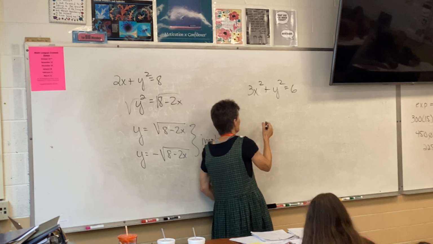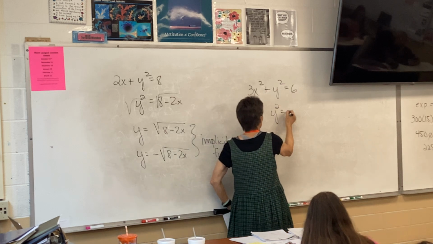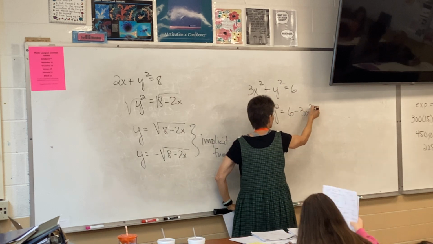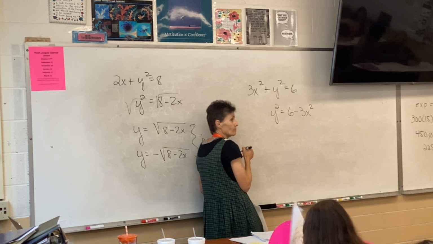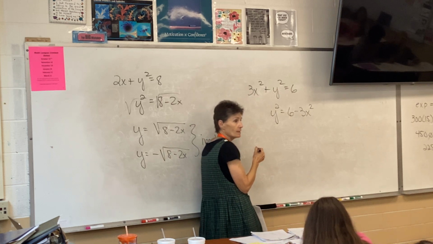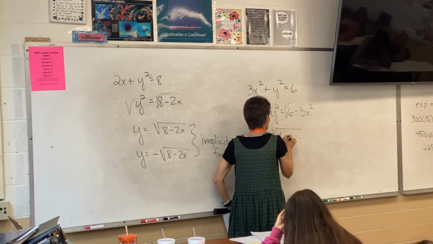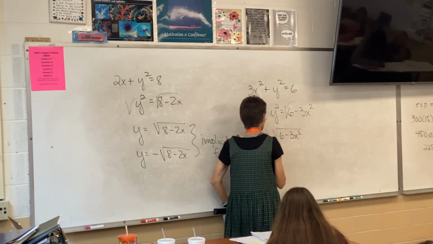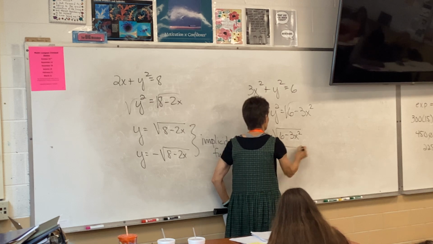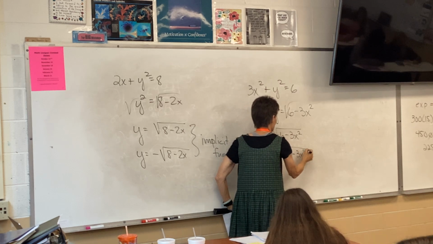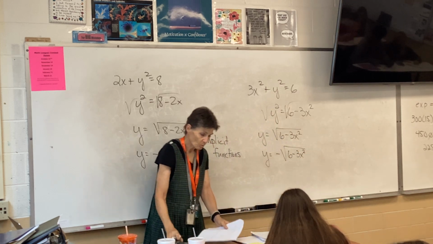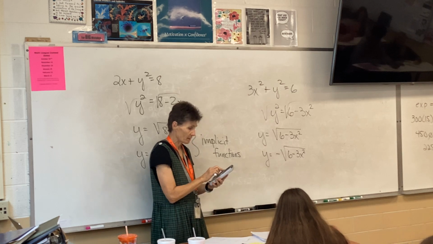We're going to subtract 3x squared, right? And then square root. So square root of 6 minus 3x squared, and negative square root of 6 minus 3x squared. I'm so curious. I wonder what shape this will be.